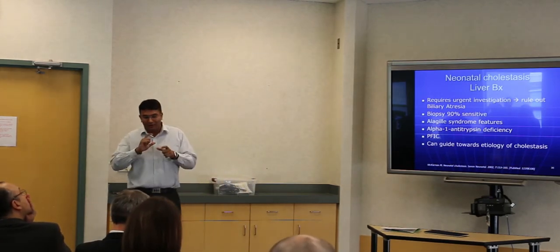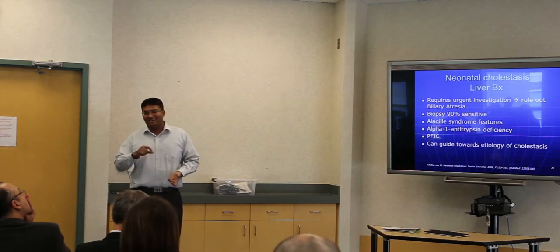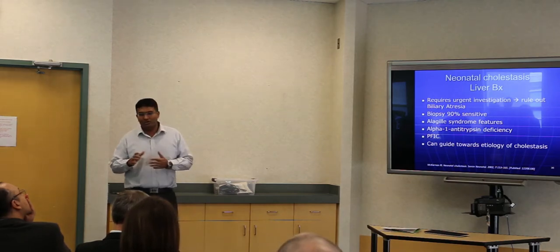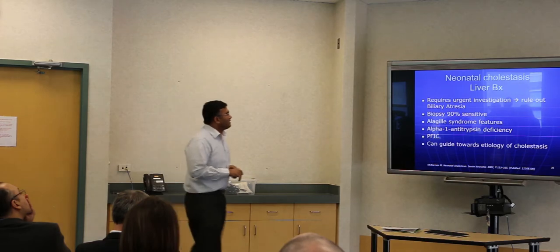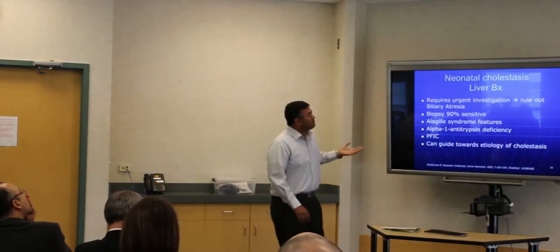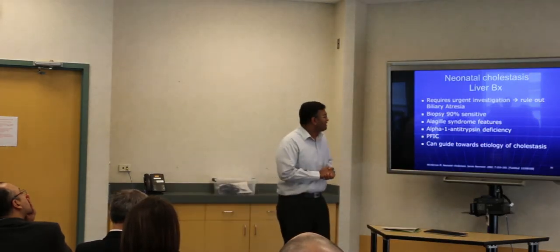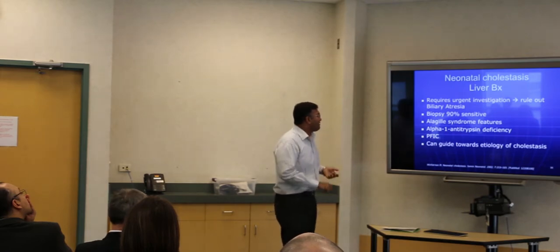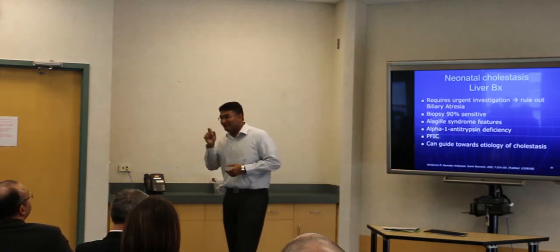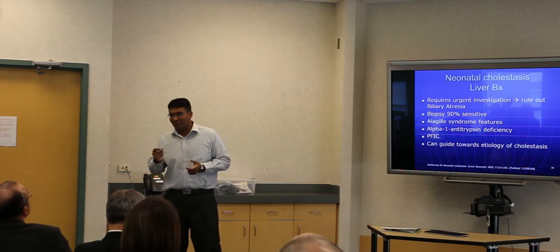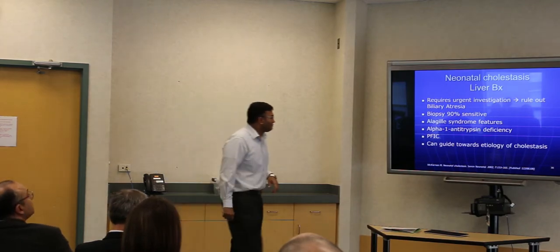But when you do a liver biopsy, you would classically get diastase-resistant PAS-positive crystals, and sometimes it can guide you towards the etiology of cholestasis. If you see steatosis, you would think more in terms of a liver storage disorder.